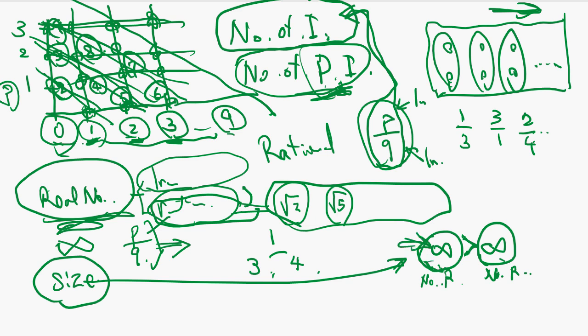So infinite has a size, but it's not like the real numbers we learned so far, 3 and 4. The difference is 1. Not like that.